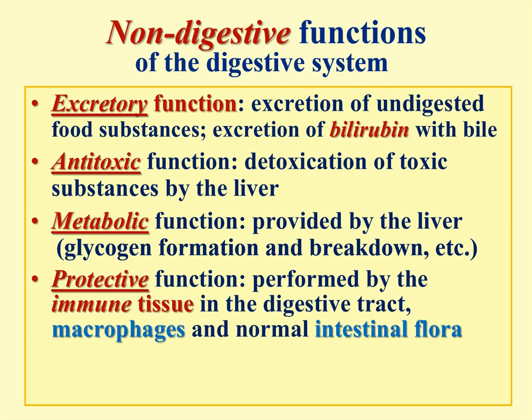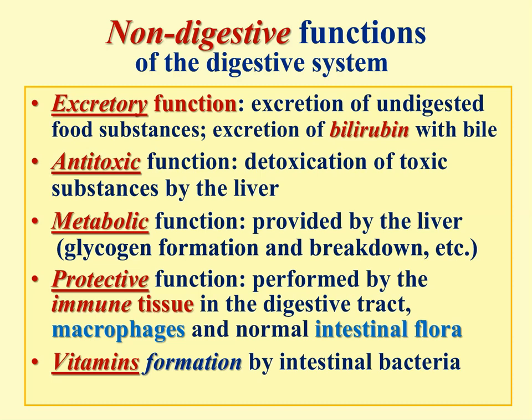Then additional moment is the normal intestinal flora, which provides resistance to the pathological flora and performs many important functions for our body. There are more examples given in your text. Vitamins formation. As you know, vitamins are called this way because the body itself cannot produce them, but our intestinal bacteria are able to produce a little amount of certain vitamins for us, such as vitamins of B group and also vitamin K.